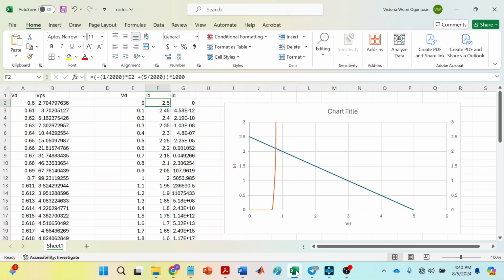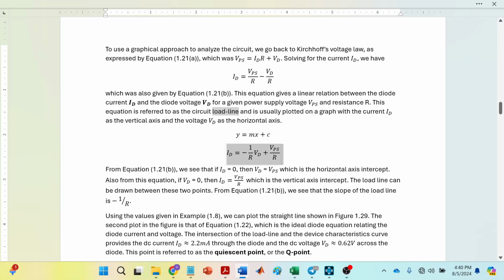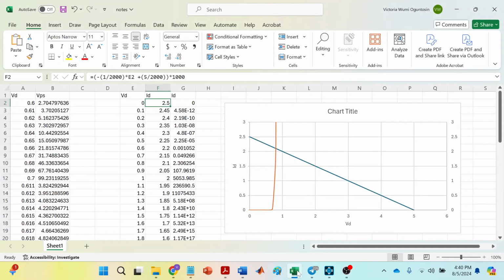So this equation for the load line here, 1 minus 1 divided by R times VD plus VPS over R, is the equation here, but in Excel form. I multiplied it by 1000 because I want the result in milliamperes. Using this formula for the load line, I got the different values of ID.